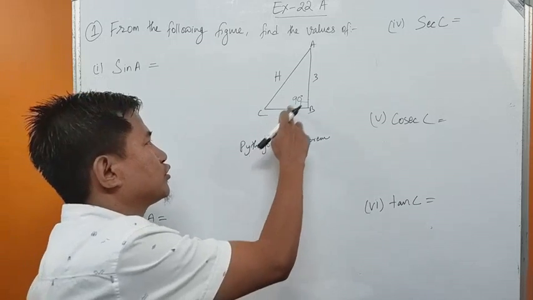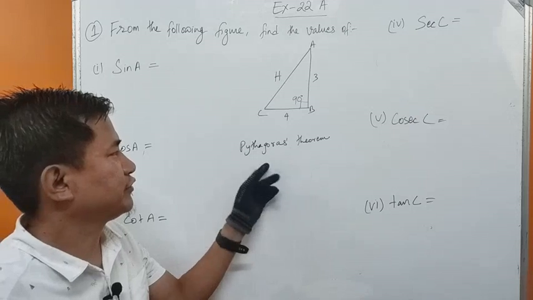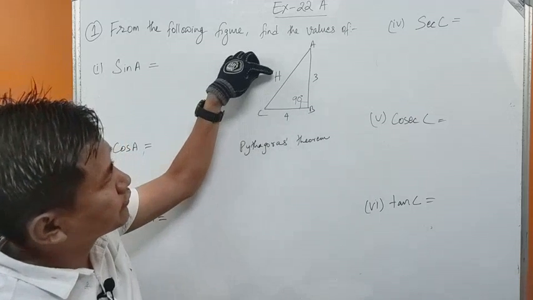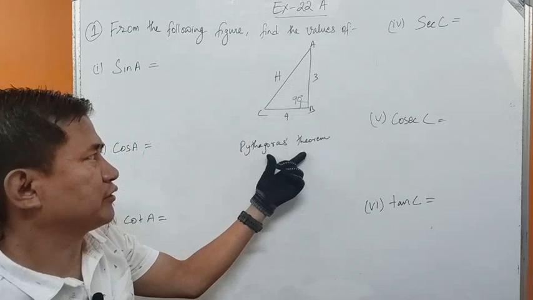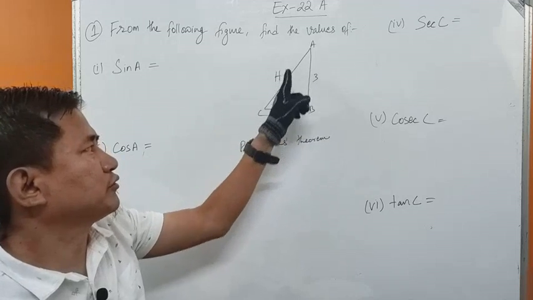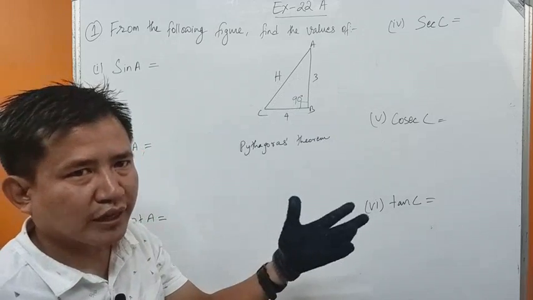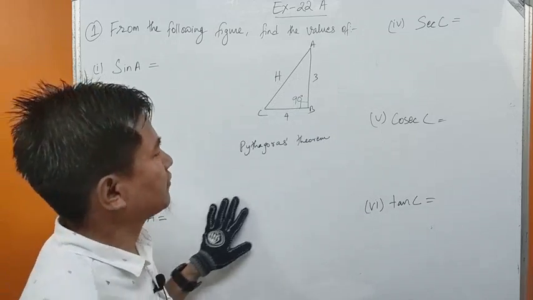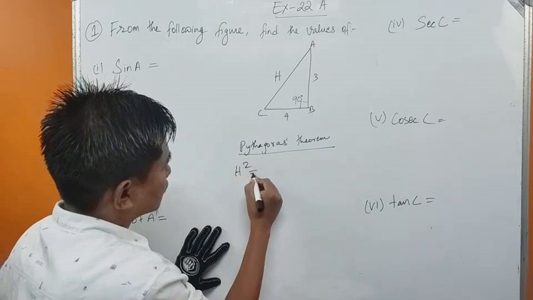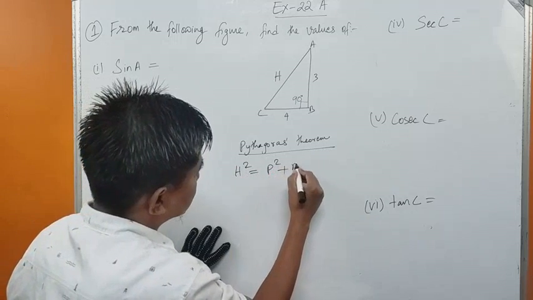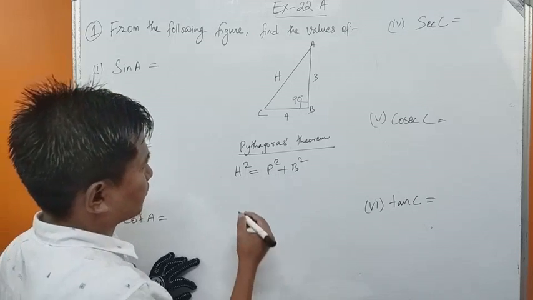Among three sides, if any two sides are known to us, we can find the third side by applying Pythagoras theorem. Pythagoras theorem is h square equals p square plus b square. Hypotenuse square equals perpendicular square plus base square.